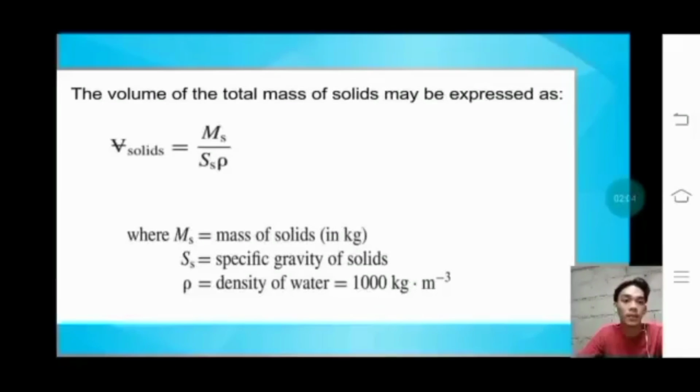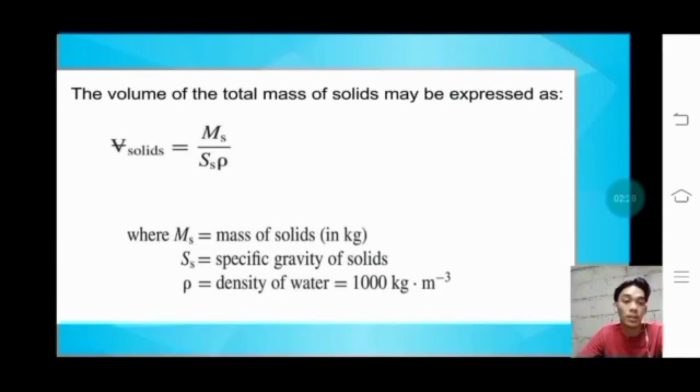Here you can see the formula on how to determine the mass of solids in a sludge. The volume of the total mass of solids may be expressed as V solids is equal to ms over SsP, where ms is mass of solids in kilograms, Ss is specific gravity of solids, P is density of water, which is equal to 1000 kilograms per cubic meter.